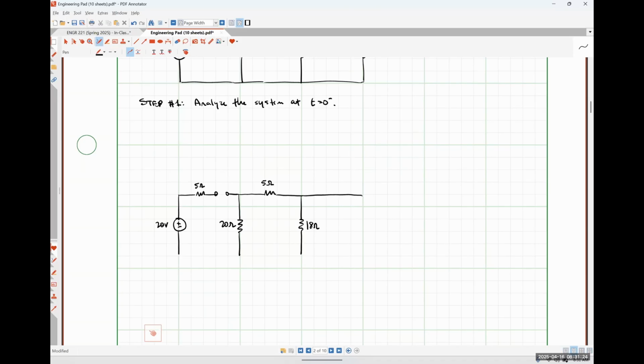Because we're at 0 minus, this is DC steady state, so our inductor is going to look like a short circuit. Here is our current source over the top of our system. Ultimately, we are trying to find this voltage, VR, and this current IL, sorry, that VR should be at 0 minus.